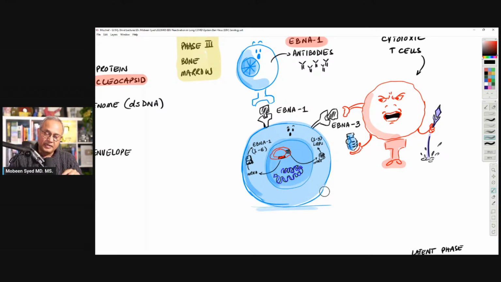There, it only opens up a few genes, not all of its genes, because if all of its genes are working, then all kinds of worker enzymes will be produced. They will start making new viruses. It only opens up LMP genes and or eBNA genes, some genes.